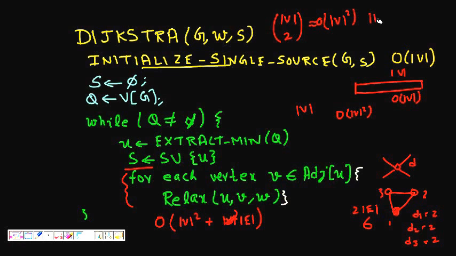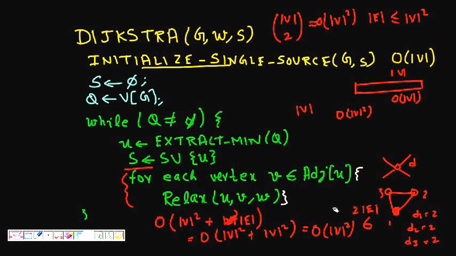So mod E is less than or equal to mod V square, hence this is O of mod V square plus mod V square, which is O of mod V square.